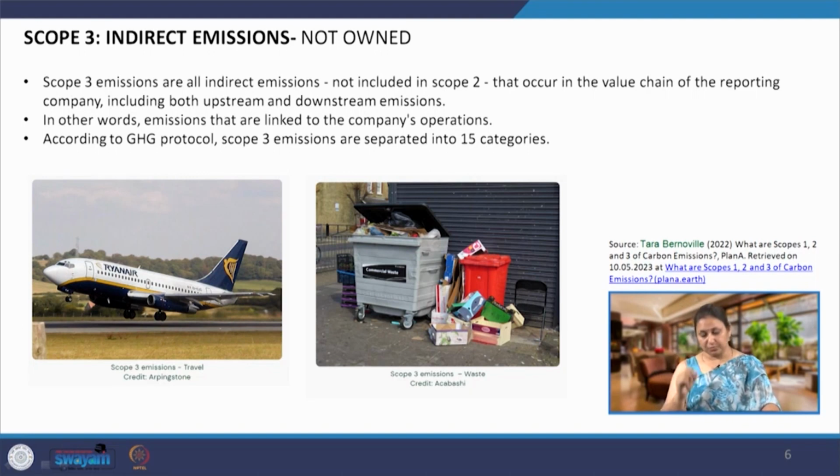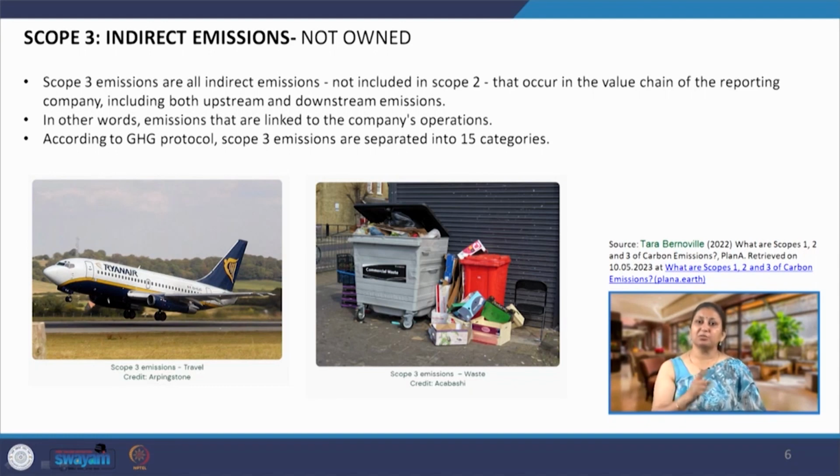But if I have to put it simply, if all companies across the world take care of their scope 1 and scope 2 emissions, which are direct emissions, including the manufacturing process, then all the emissions resulting from the manufacturing process, and all the direct emissions plus the indirect emissions from my owned resources, are eventually going to become scope 3 for some other company.